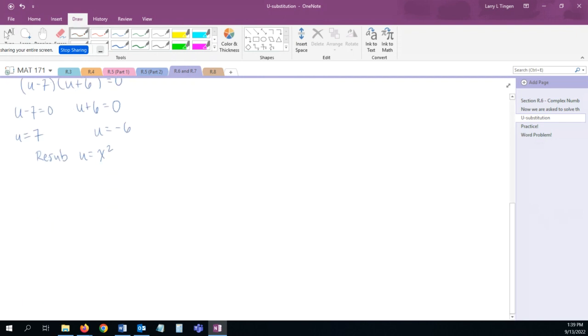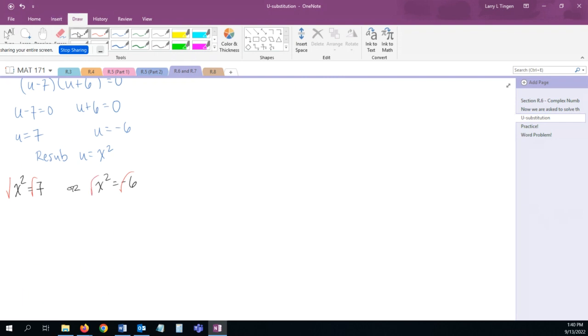which means I'm back in terms of x's. I have found that x squared is equal to 7, or x squared is equal to negative 6. For both of these, my next step is to take the square root of both sides.